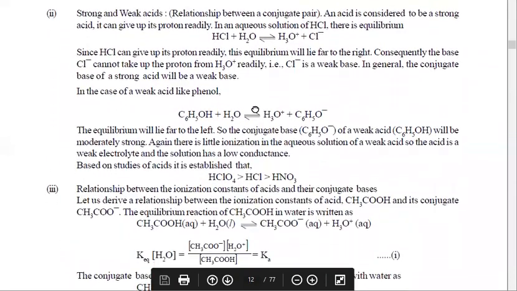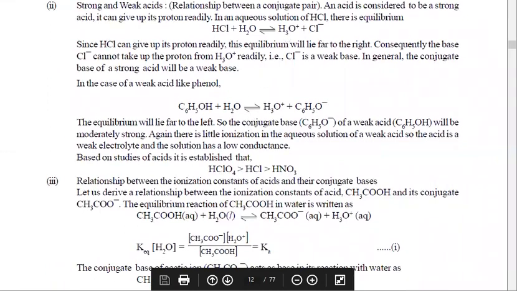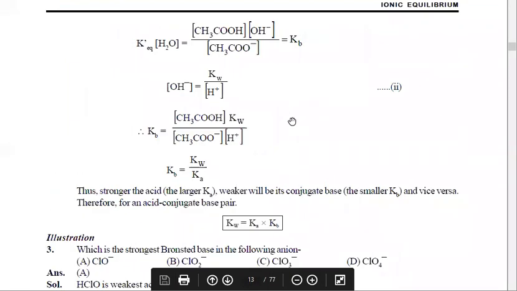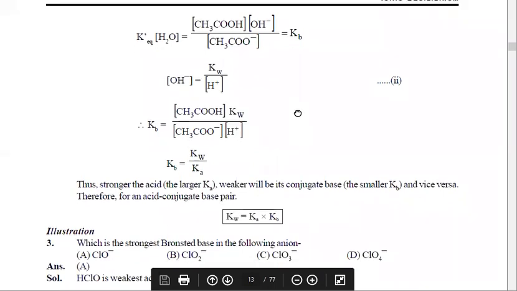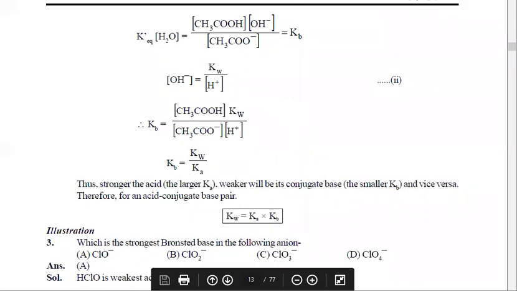In the last class we saw the relationship between alpha, Ka and C, the application of Ostwald dilution law, and then we saw this expression in the concept test.